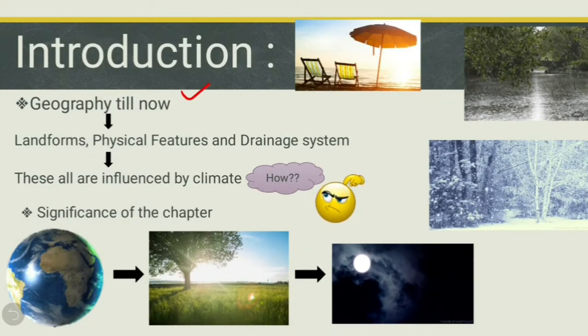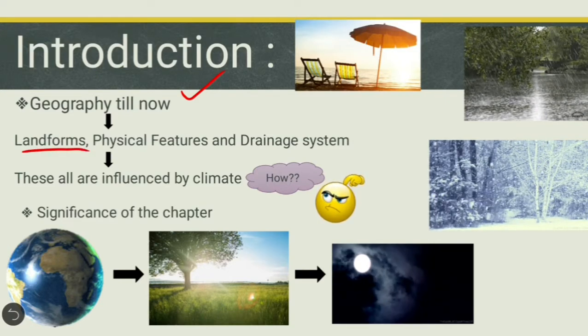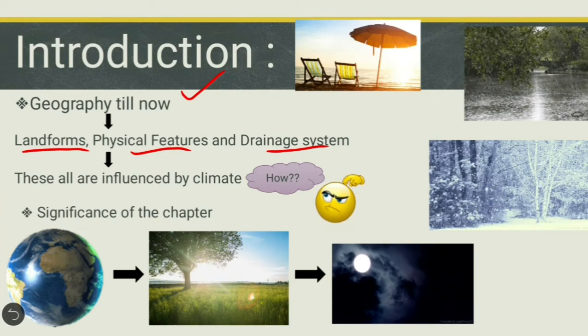Geography till now. Till now, what have we studied in our geography book? We have studied about landforms in the first chapter, physical features in our second chapter, and the drainage system in our third chapter. So till now we have seen how the physical features look, what the different types of landforms found in India are, India's relation with the world, India's location, and the drainage system of India, drainage patterns and all these things.